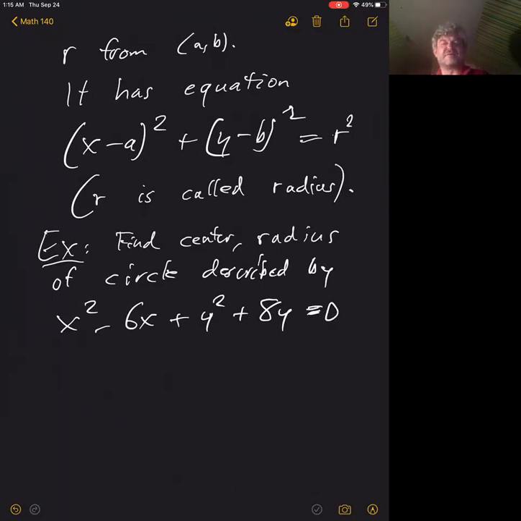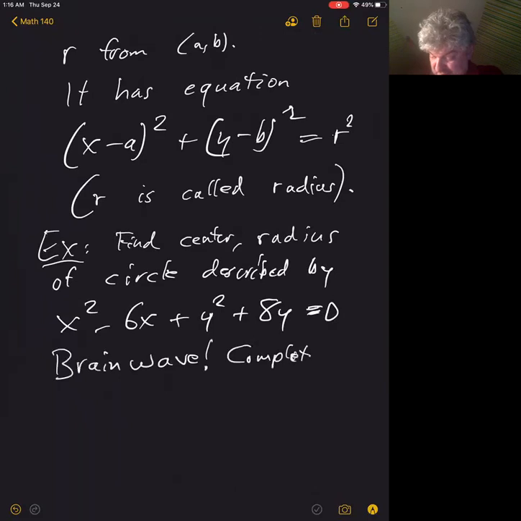This is a wonderful segue from the last module, because we've just learned about completing the square. It's like brainwave. Complete the square 2 times.